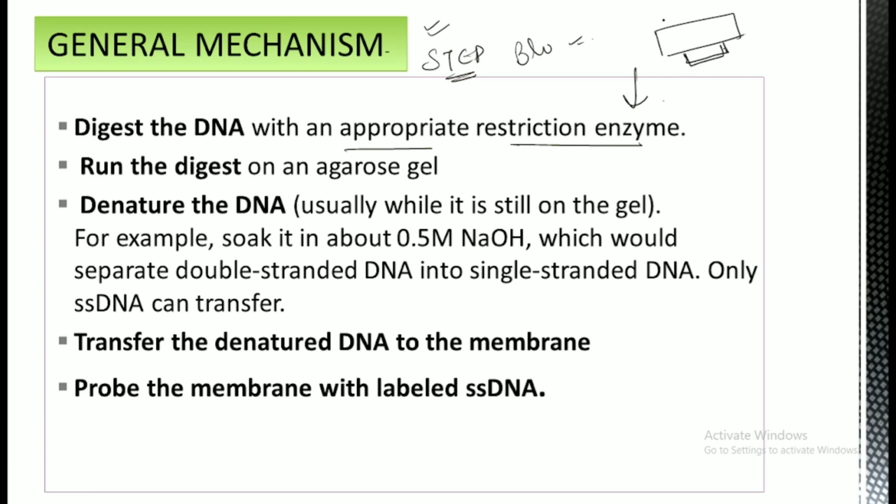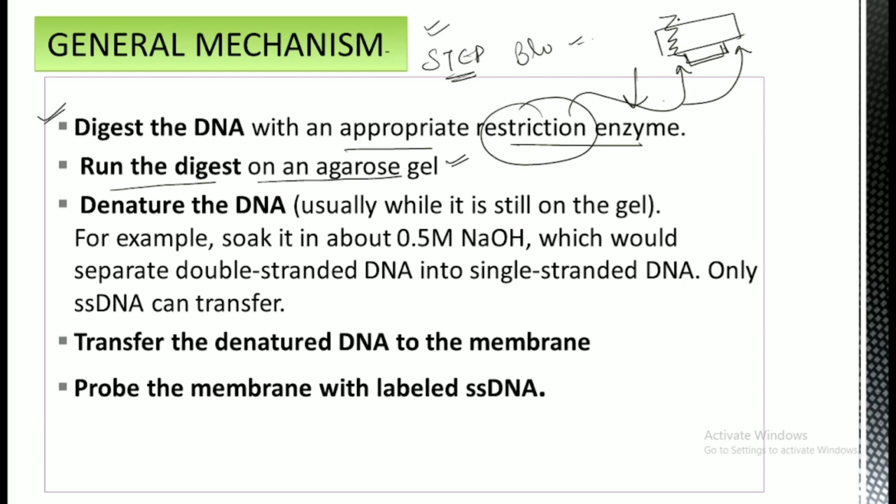For that, we use various types of molecular scissors, the other name for which is restriction enzymes. These restriction enzymes are used in order to cut the DNA at specific positions. So the very first step in this complete blotting technique is digestion of the DNA with an appropriate restriction enzyme. Second point is to run the digest on the agarose gel.